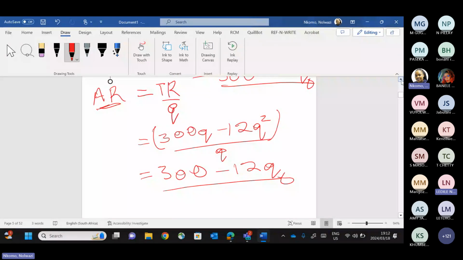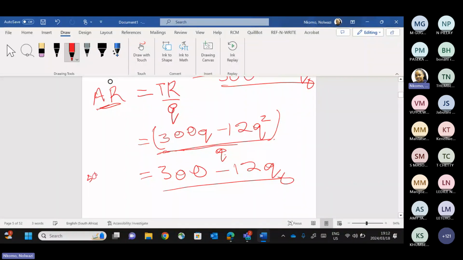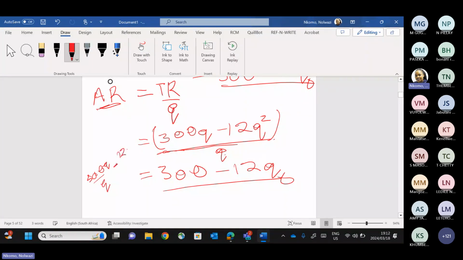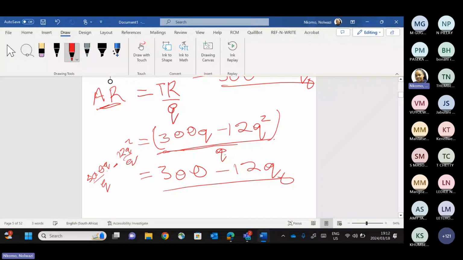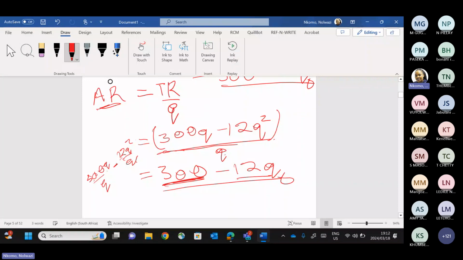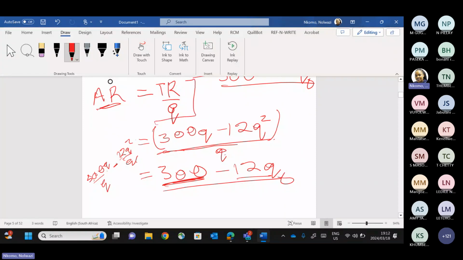No, I divided with Q. I divided everything with Q. So this means I had 300Q divided by Q minus 12Q squared divided by Q. If we divide 300Q with Q, you have 300. If you divide minus 12Q squared with Q, you'll have minus 12Q. Oh, okay. I thought maybe you used this formula.